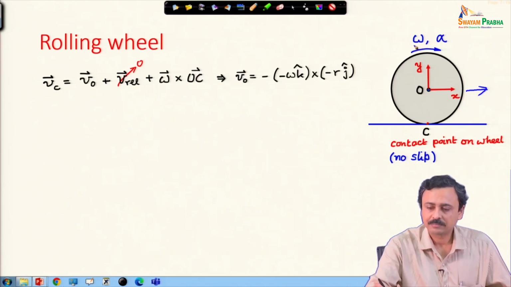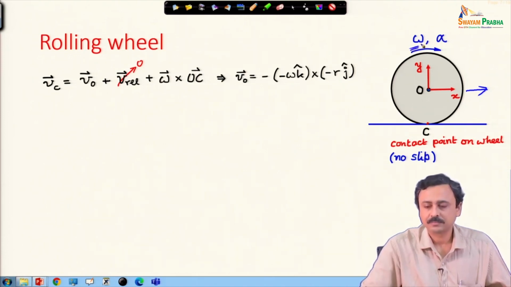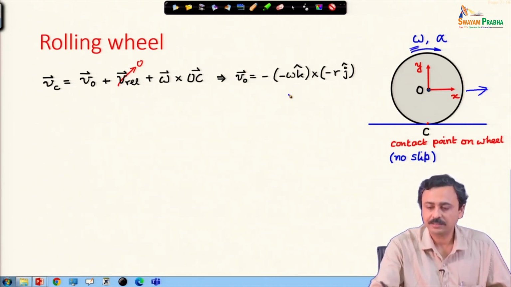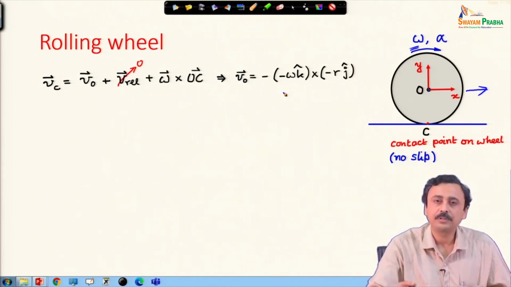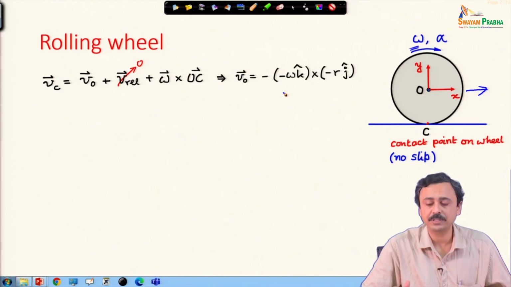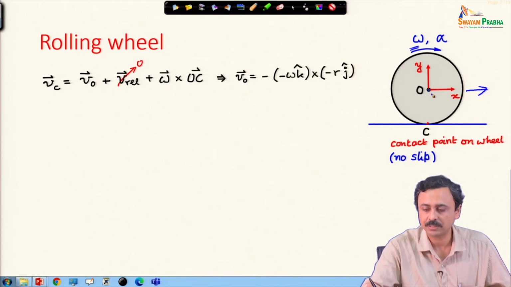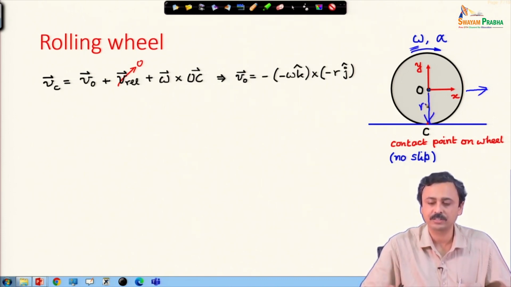Omega, this I am representing as minus omega k cap, a vector coming out of the plane of the screen. Therefore, this expression is the representation of omega vector as minus omega k cap, cross OC, which is minus r j cap. This is OC, and magnitude is r and direction is minus j cap.